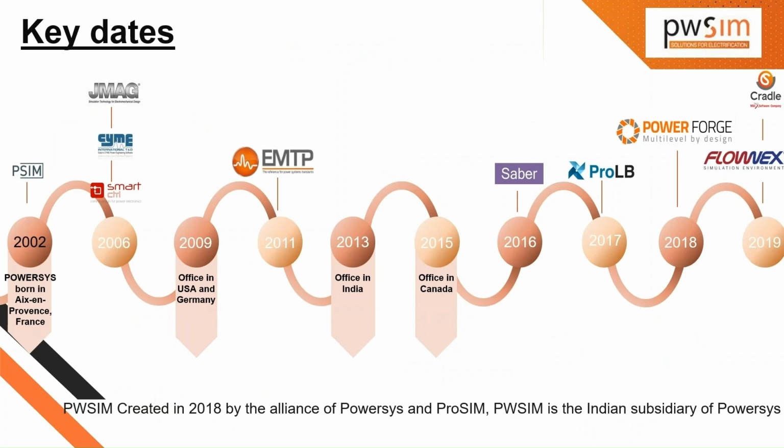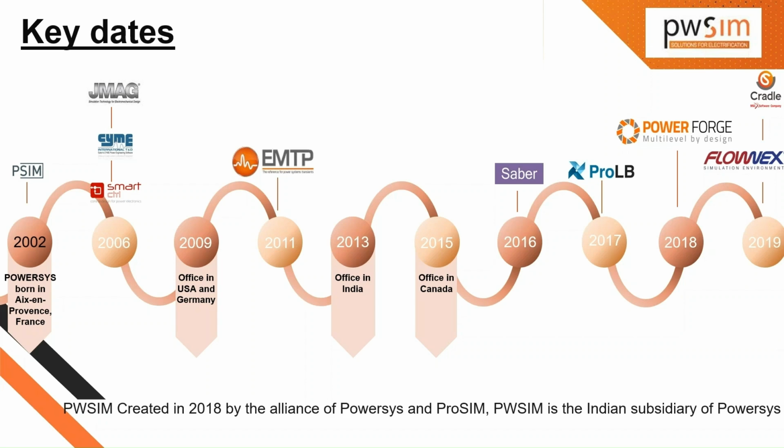PowerSys was born in France in 2002 with one software, PSIM, and later in 2016 we got the distribution rights for distributing JMAG, SIME, and Smart Control. In 2009 we started our offices in USA and Germany, in 2011 we started distributing EMTP software, and in 2013 we started our office in India in Chennai. In 2015, we started our office in Canada.